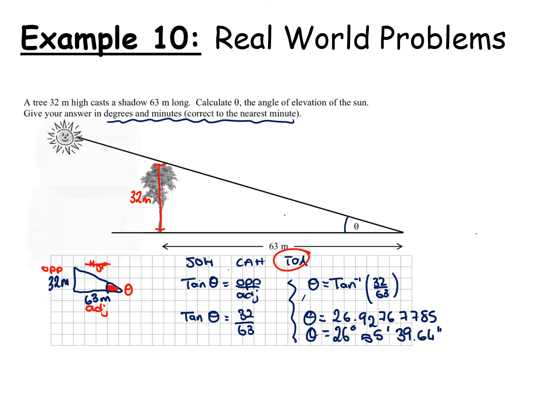Now, we want to correct to the nearest minute, but remember there are 60 seconds in a minute. So 39, it's gone over halfway. So when we round it, this is going to round to 26 degrees, and this 39.64 means our minutes are going to round up to 56 minutes.